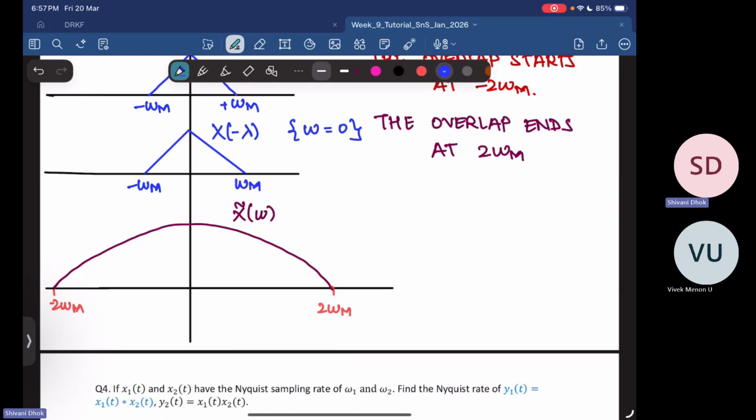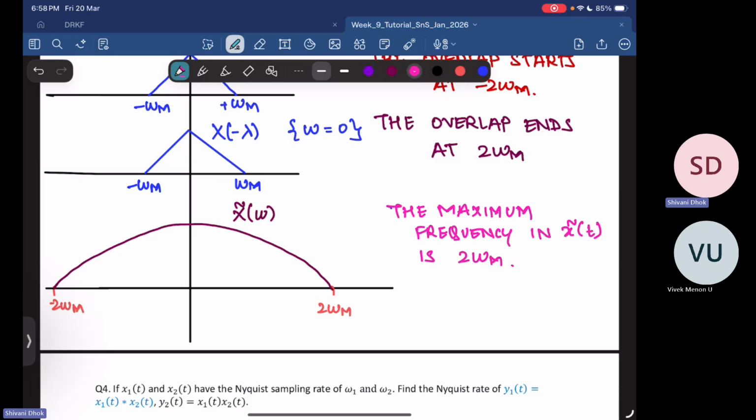So therefore, the maximum frequency in x tilde of t is 2 times omega m.